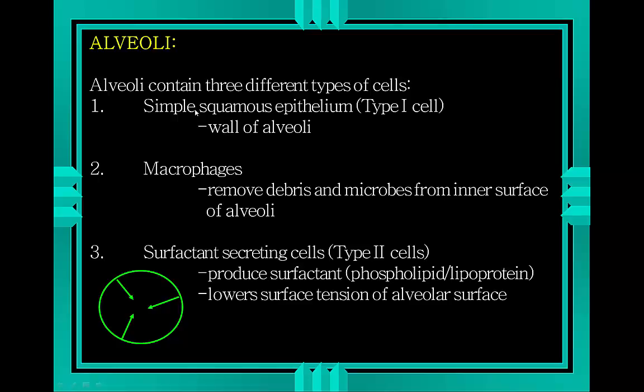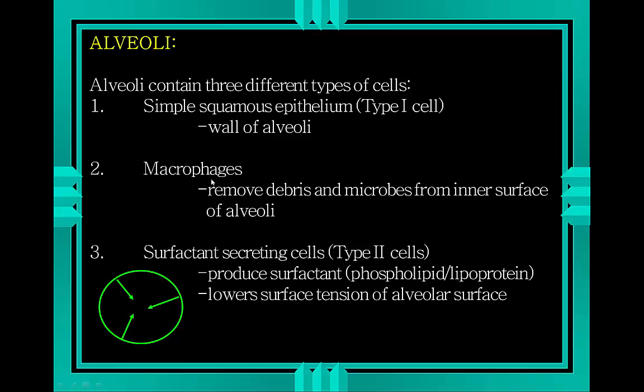Squamous means that they have irregular shapes, and epithelial reminds us that it's the surface of the body. These are important because they provide the wall of the alveoli. As we'll see in the next overhead, they're unusually thin compared to most other cells in the body, and that optimizes their role in gas exchange.